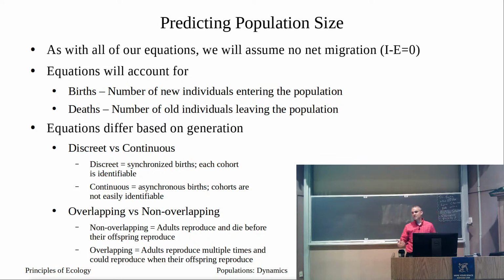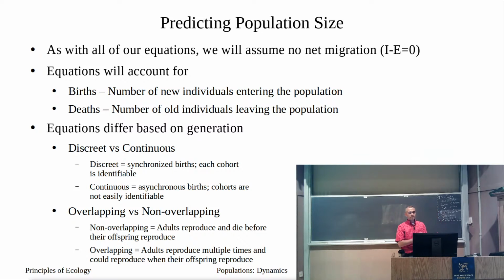So I minus E equals 0. A lot of our assumptions might say that it's a closed population, meaning no migration whatsoever, but that's the same exact idea as saying no net migration. As long as the same number of individuals enter our populations as leave, we're going to be okay.